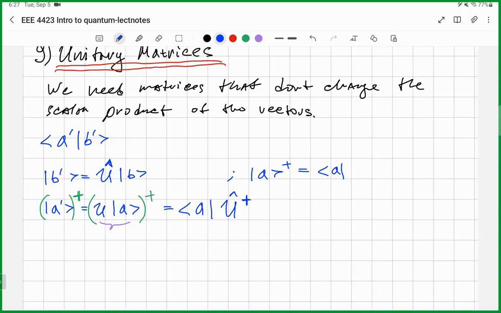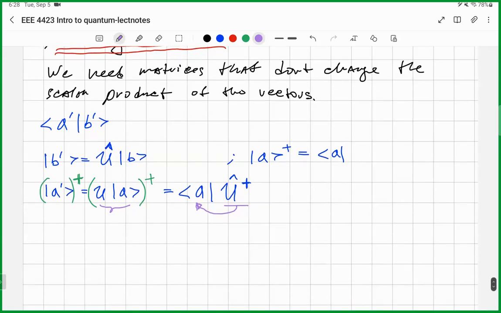This is a little bit unusual, but this writing simply means that this operator U, this matrix U, acts on the vector on the left rather than on the right. This is the property of bra vectors against ket vectors.